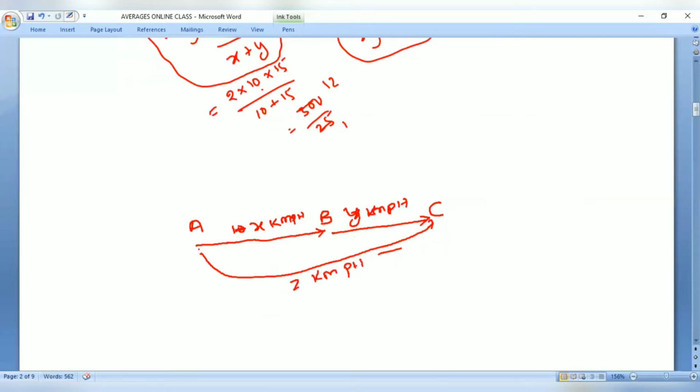Now, in this, the total distance covered by him is different. A to B, the distance is different. B to C, the distance is different. C to A, again, the distance is different.